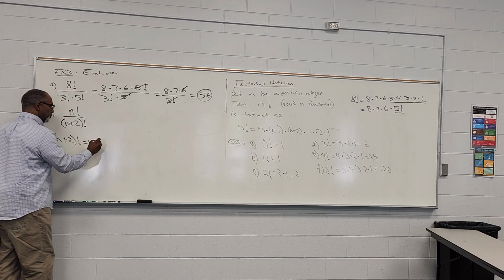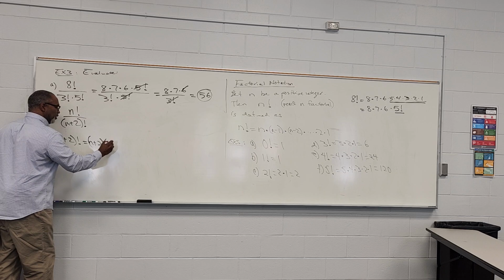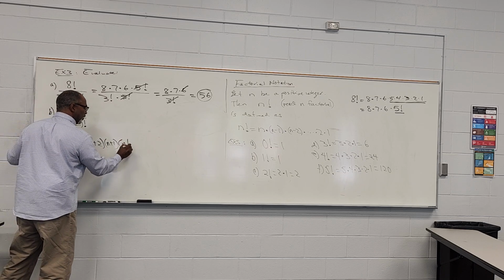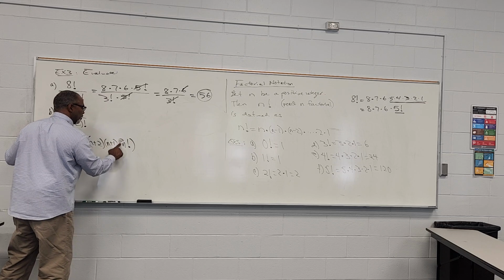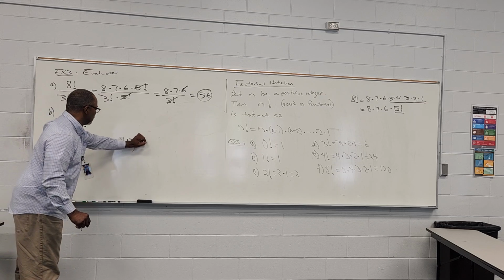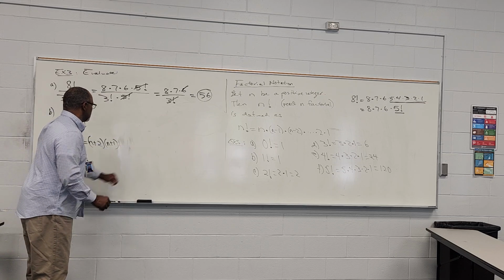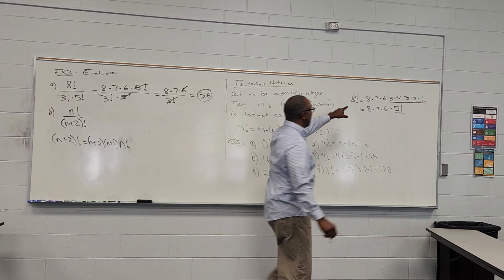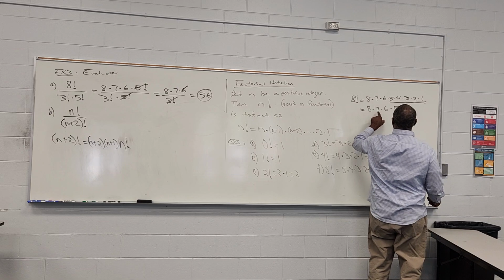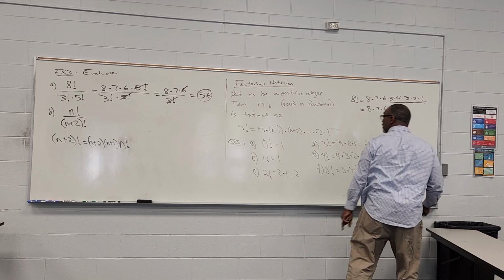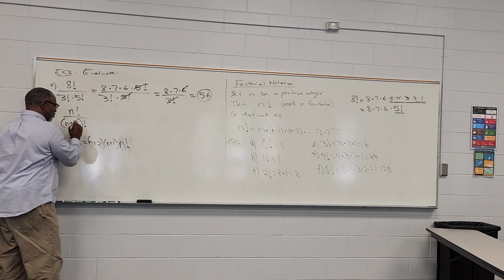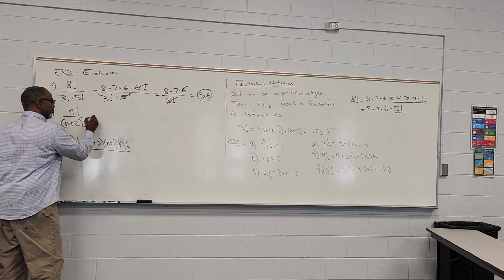Well, that'll be n plus 2 times n plus 1, I subtract 1 each time, times n factorial. I'm going to do the same trick I did here when I had 8 factorial: 8 times 7 times 6 times 5 factorial. Because I know I've got this n factorial in the top, I can rewrite this as this.